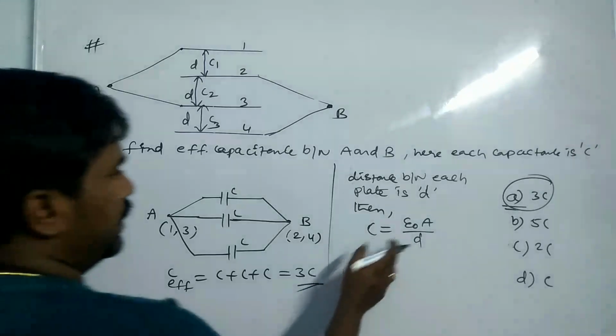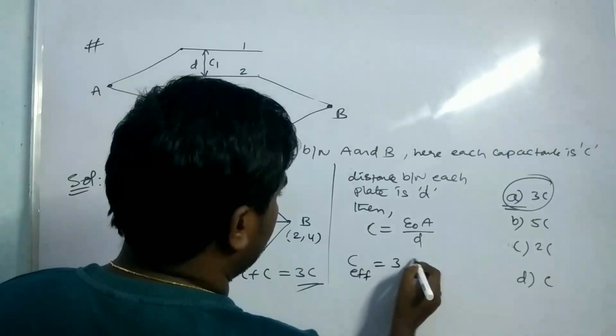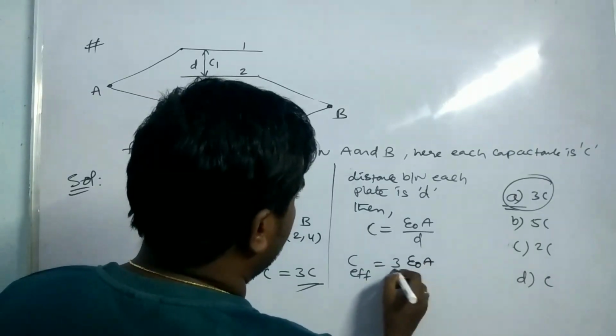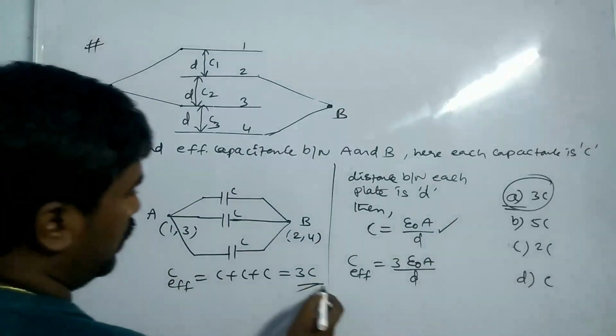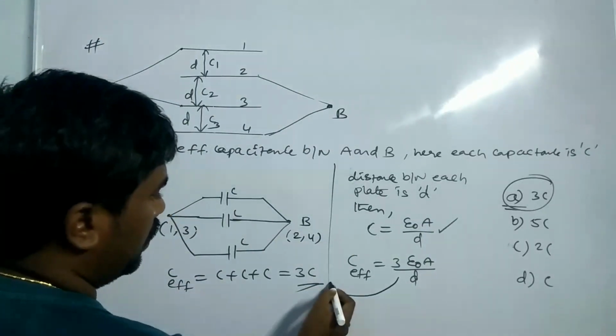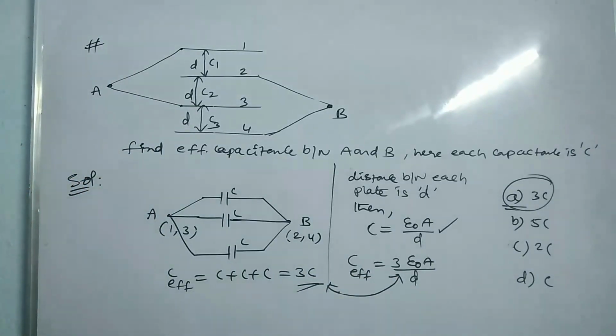So the effective capacitance is equal to 3 into epsilon naught A by D, because C is equal to epsilon naught A by D. So the answer may also be asked in this form: 3 epsilon naught A by D, or 3C.